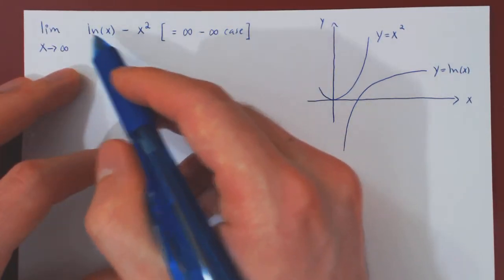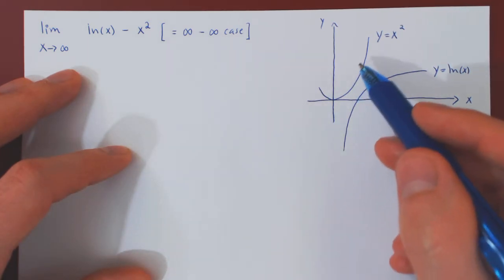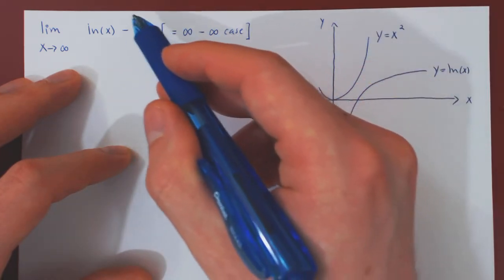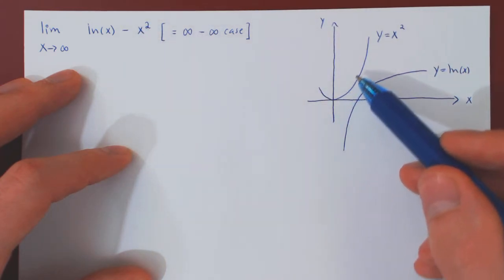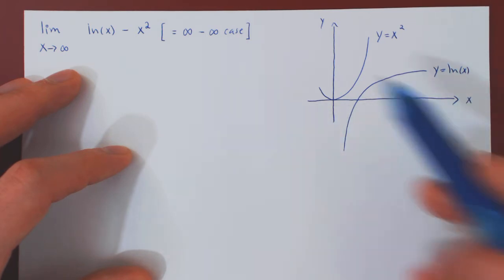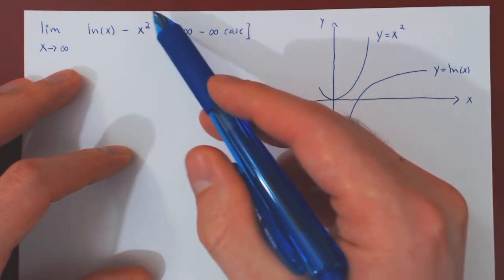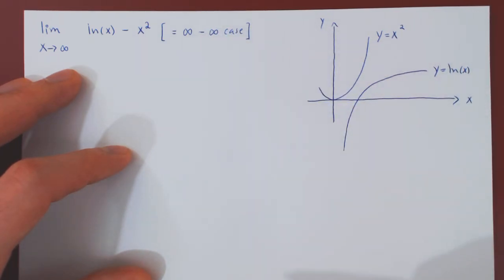So sure, ln of x is big when x gets large, but x squared is so much bigger that this term should really take over, and so we expect that the limit therefore will end up being negative infinity.